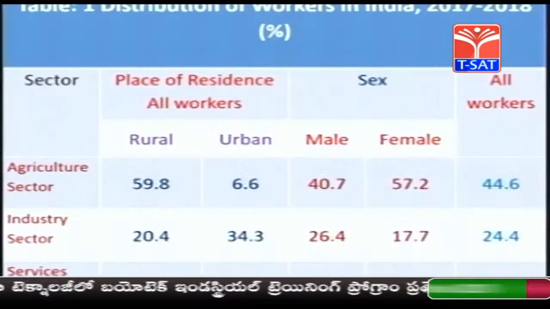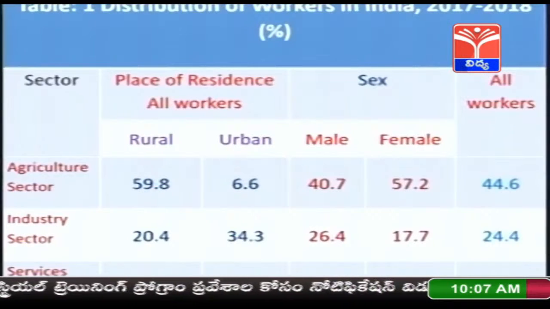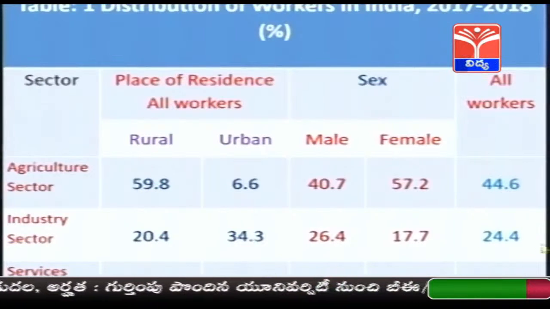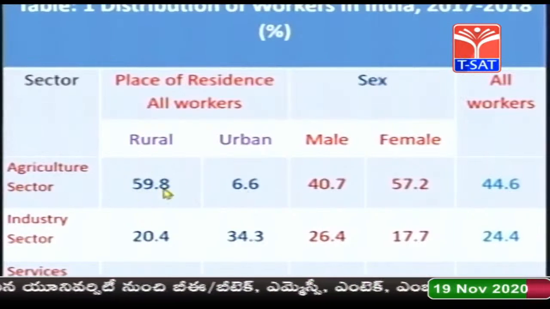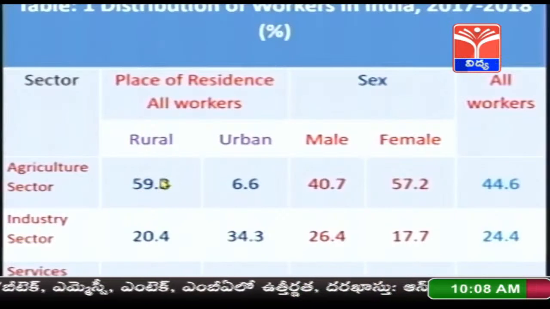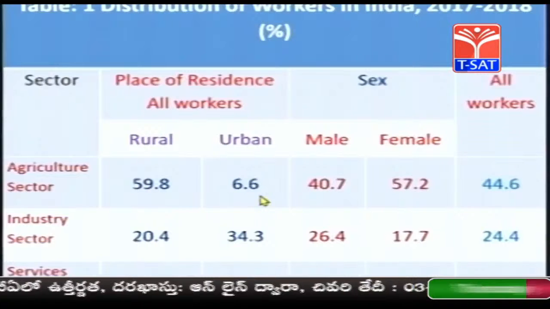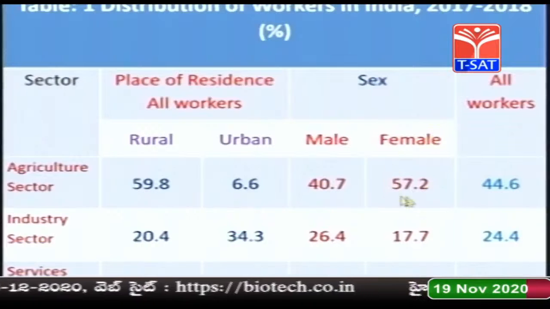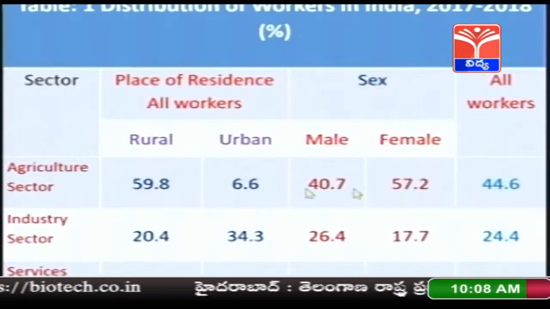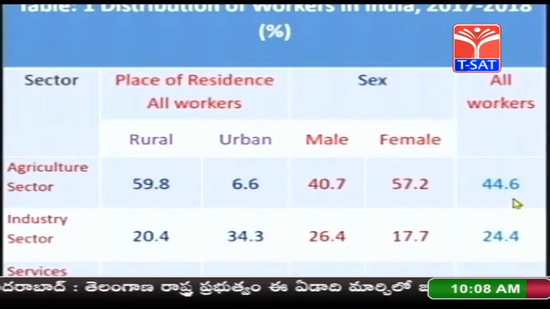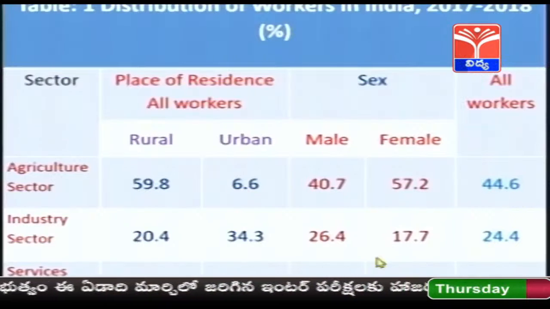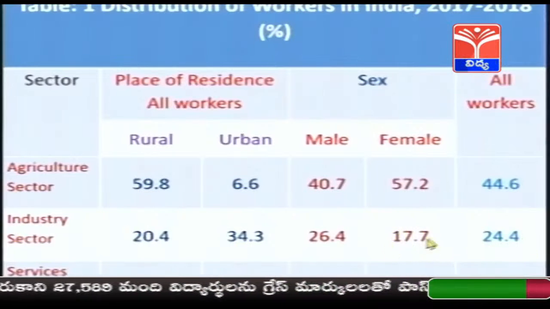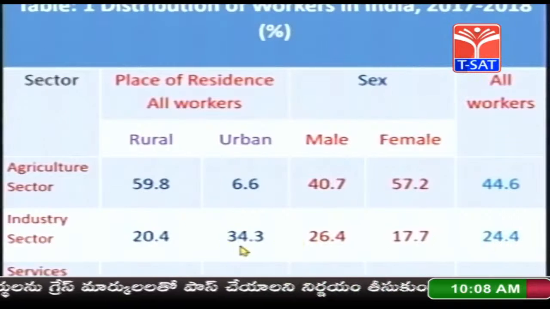When we observe all workers, by place of residence and by gender: in the agriculture sector, rural areas 59.8% and urban 6.6%; male workers 40.7%, female workers 57.2%; total workers in agriculture 44.6%. In the industrial sector, total 24.4%, female workers only 17.7%, urban 34.3%.